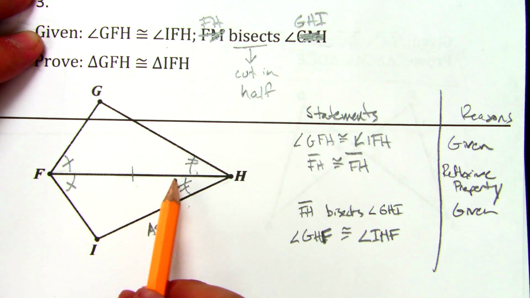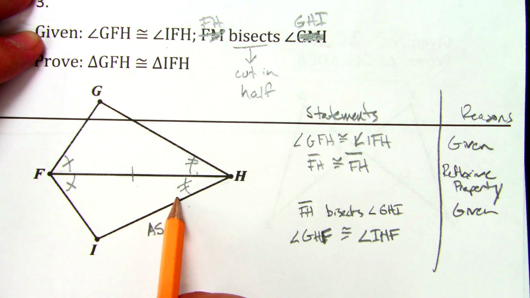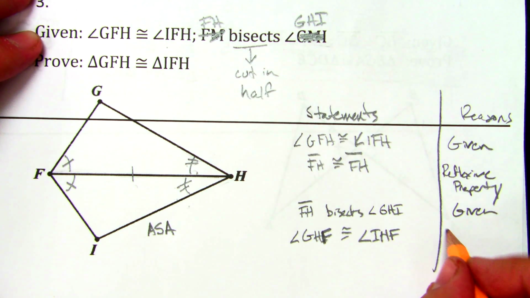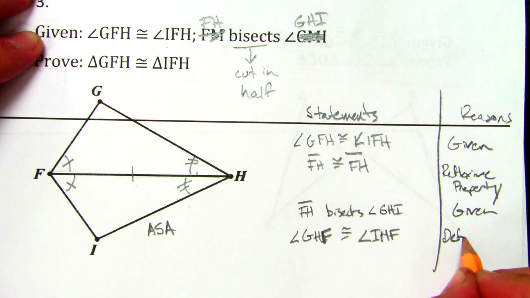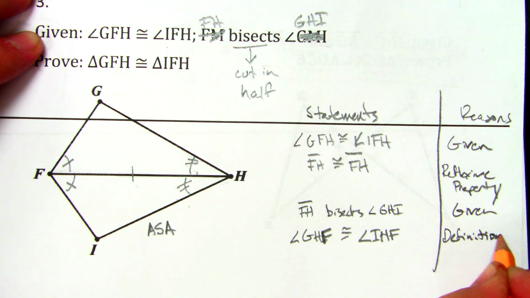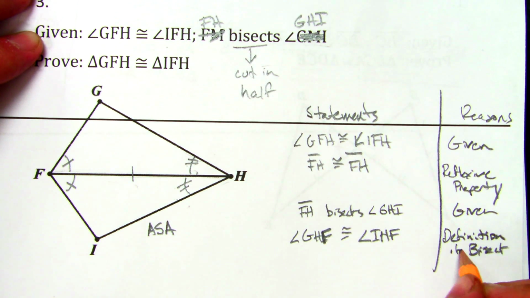Remember I said, well, it bisects it, so it cuts it in half. So these two have to be equal. And I got that just from what bisects means. So all I used was the definition of bisect. What does it mean to bisect something, right? That's all I used.